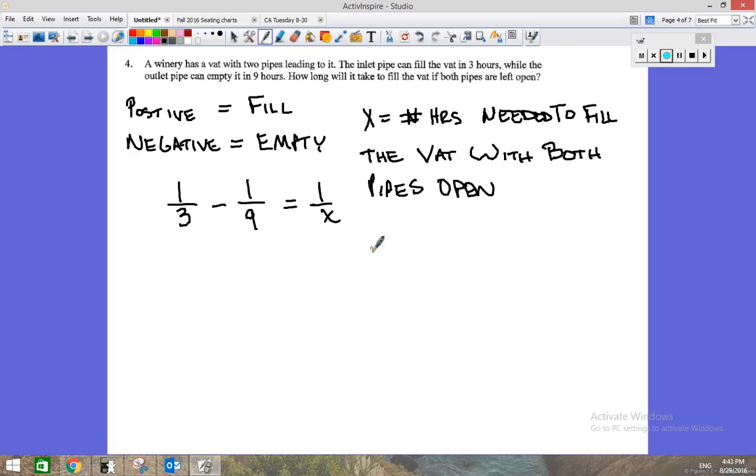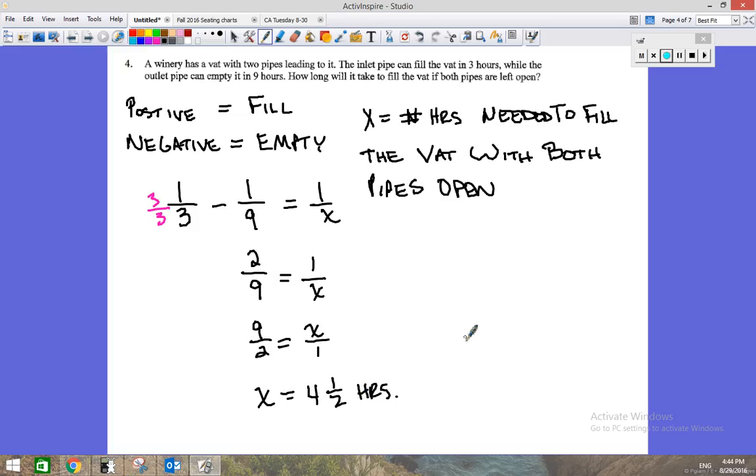So with 1/3 minus 1/9, we need a common denominator of 9. Let's multiply this by 3 over 3. We get that 3 times 1 is 3 and 3 minus 1 is 2. If we take the reciprocal of each side, we get that x is 9 halves. Half of 9 is 4.5, so 4.5 hours.